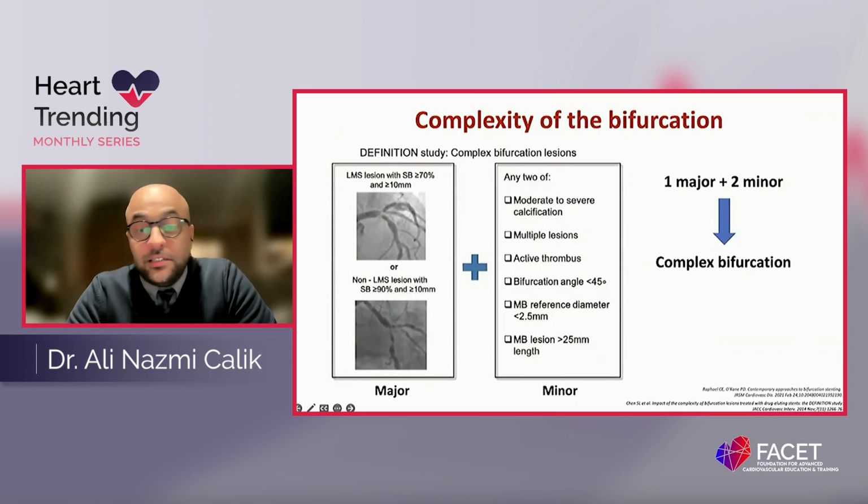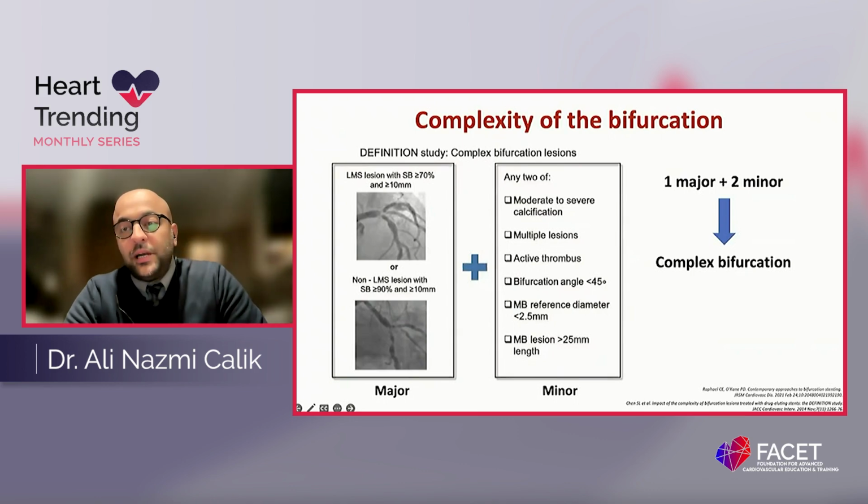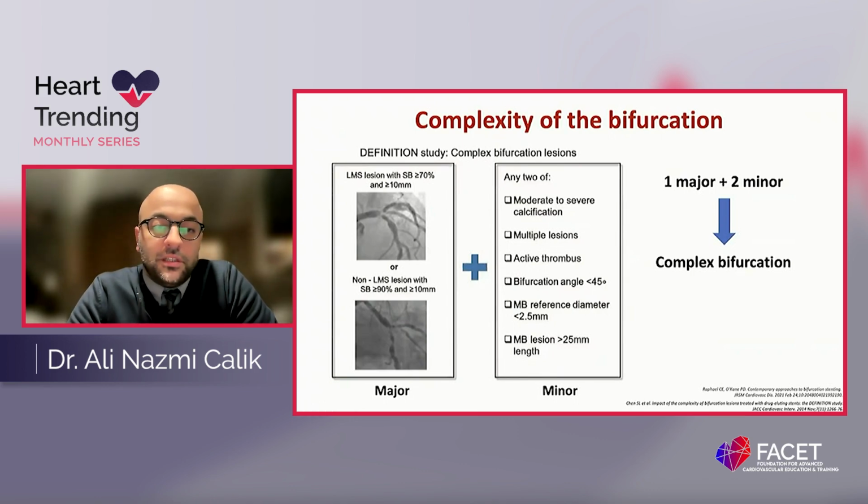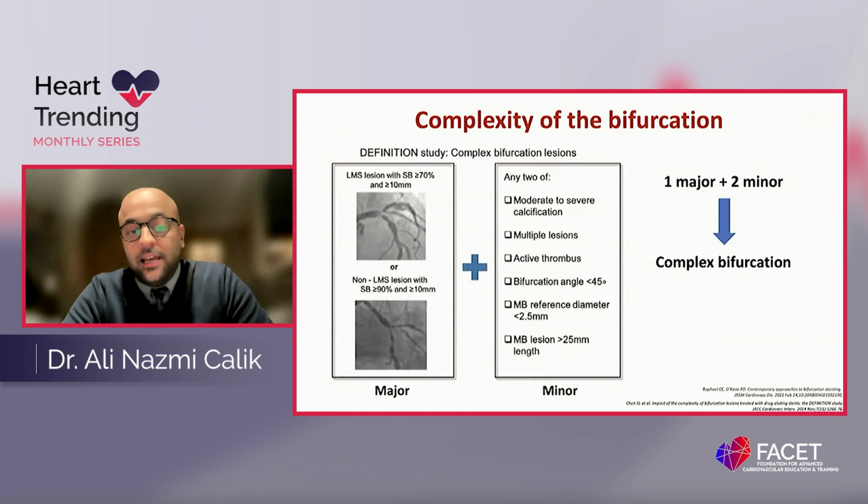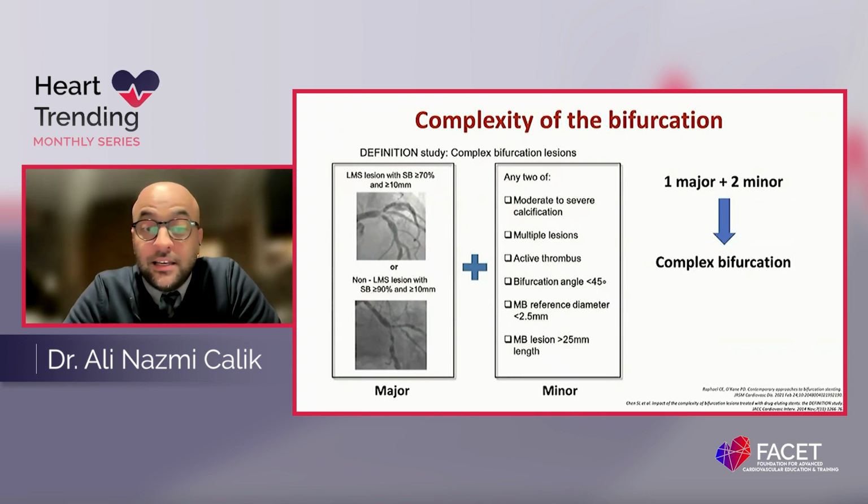What is the major criterion? In left main lesions, your side branch, which is, of course, in the vast majority of patients, the left circumflex, should have a severe stenosis of more than 70% and more than 10 millimeters. And when it comes to non-left main lesions, the side branch stenosis should be more than 90%, and again, more than 10 millimeters.